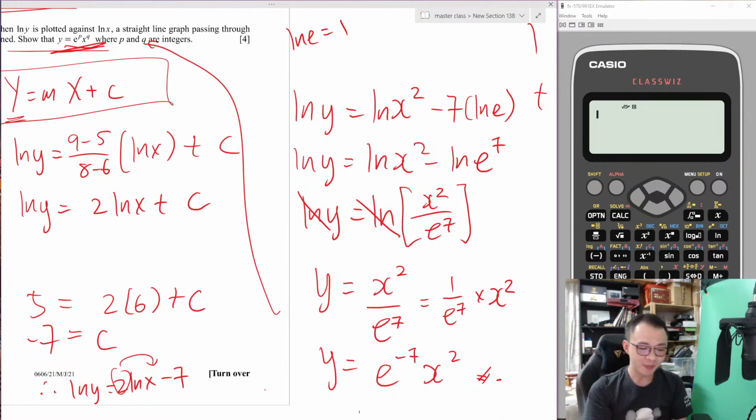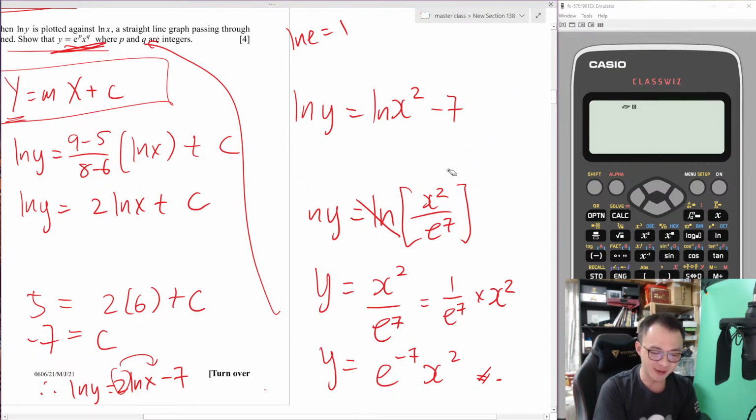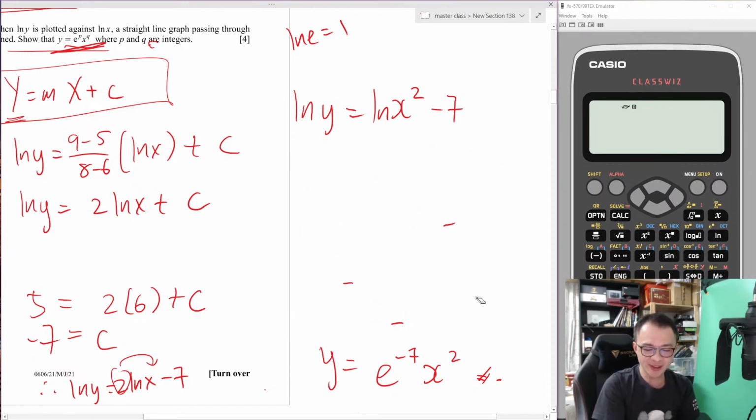Okay, so this is one of the ways, which is I add the ln e after the 7. But what if you don't like this method? You say, sir, is there any other method of solving this question? Yes, actually, we can do another method. So let's say, at the earlier step, what I can do here is group the lns together.